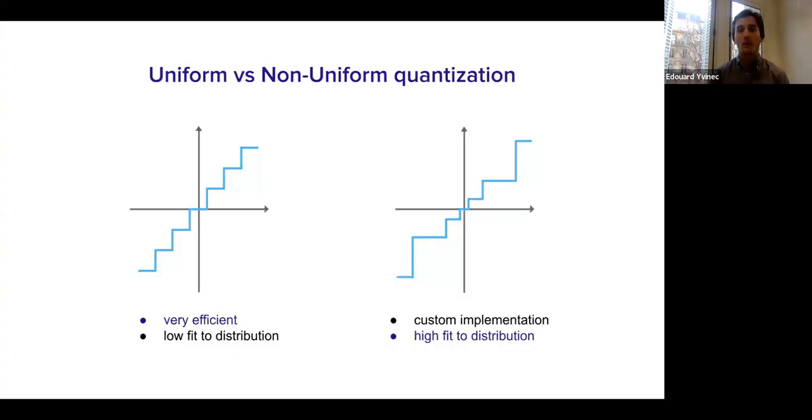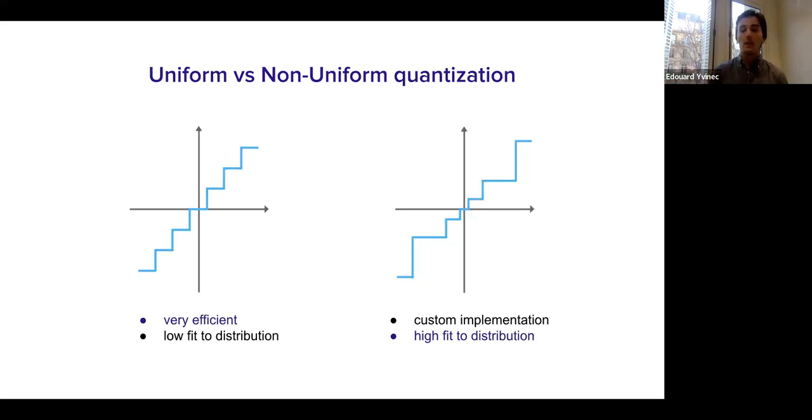So just a brief reminder of what is non-uniform quantization. On the left, you have quantization as we know it. We map floating point values to integers using rounding. And on the right-hand side, you have the standard non-uniform quantization, which actually maps multiplications to bit shifts.